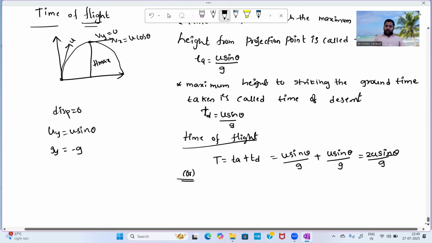Then using the second equation, sy equals u sine theta into t minus half g t square. This displacement is 0, so 0 equals u sine theta into t minus half g t square.